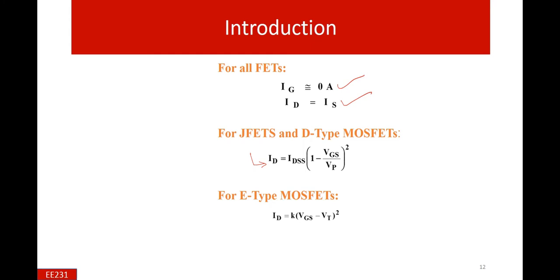And for enhancement MOSFETs, this relation is applicable, and we will slightly apply these relations in the last chapter. We will extensively apply these relations to discuss the FET biasing in this.